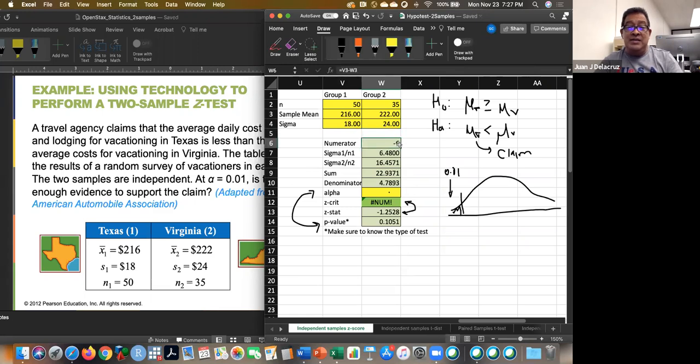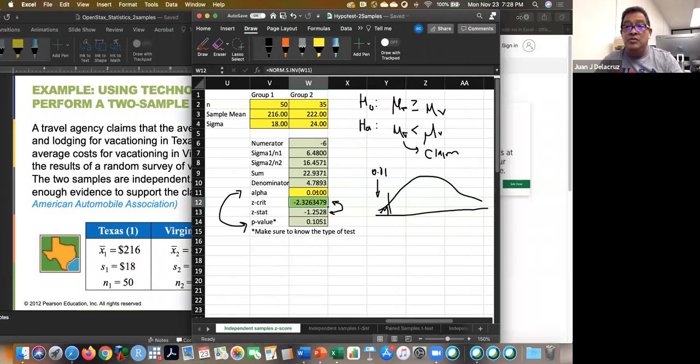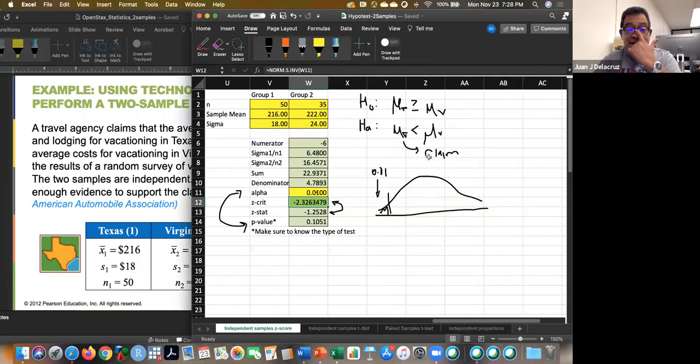So as we can see, we have the numerator, we have the denominator, and then we have the Z stat. If I divide the numerator by the denominator, I'm going to have the Z statistic. Now I'm going to use the 0.01. The goal, as I mentioned before, is to test this, right? So I'm going to use the critical values.